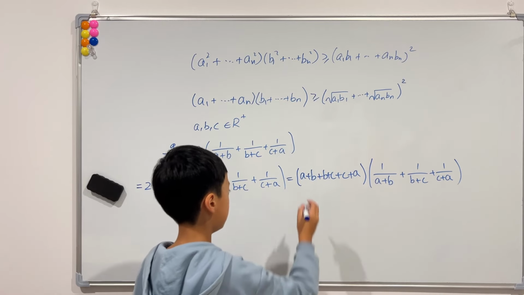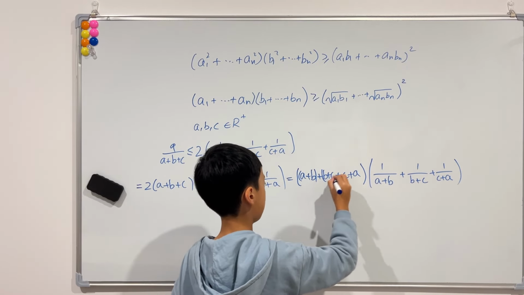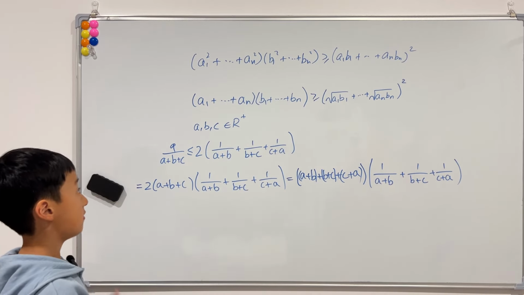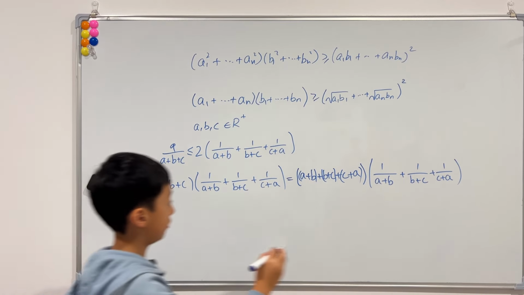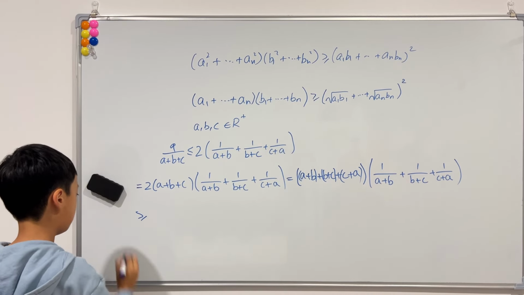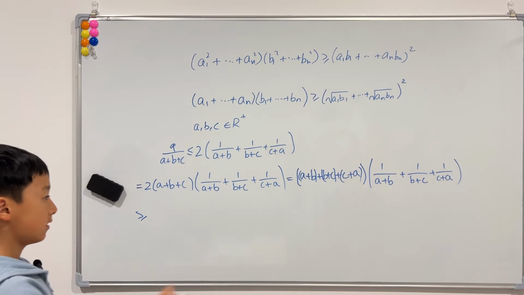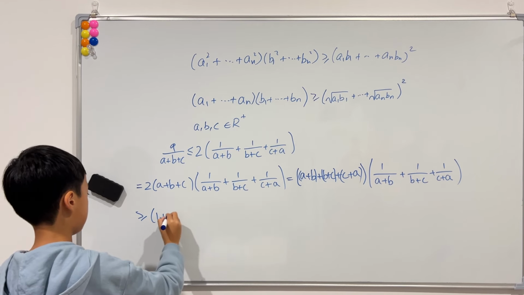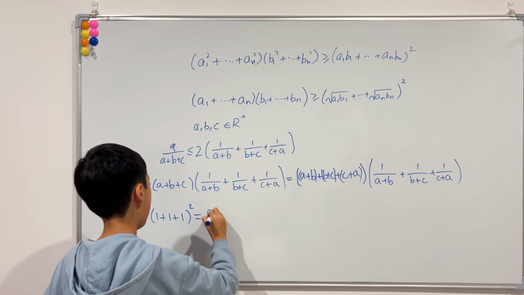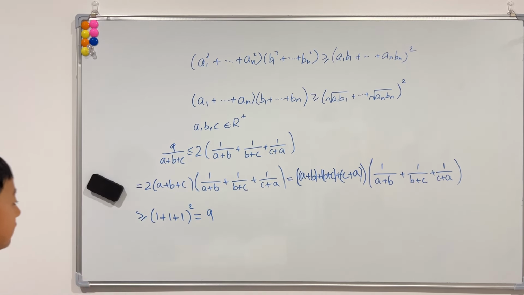And then, of course, to make it more clear, we see that this is greater than or equal to, again, 1 plus 1 plus 1, squared, which is 9. And if we divide the a plus b plus c to the left-hand side, bravo.